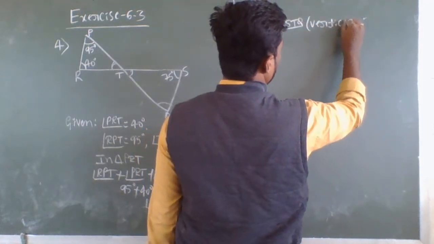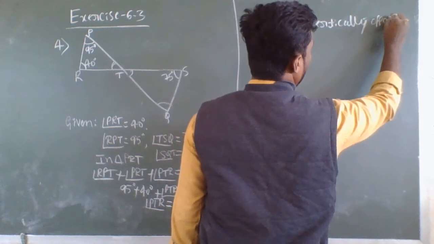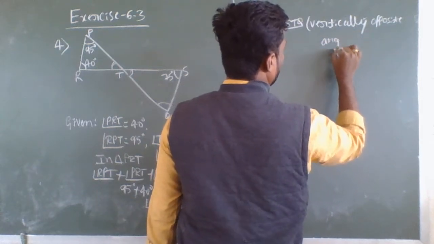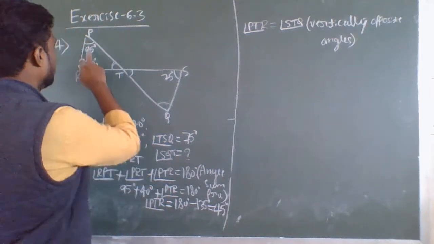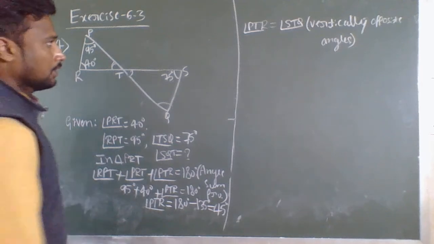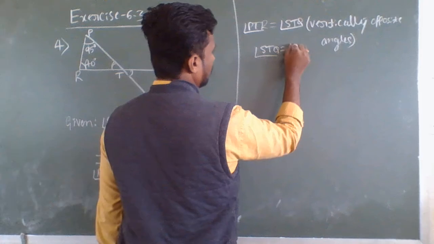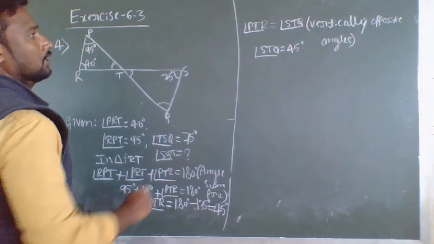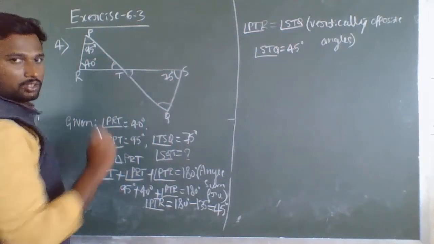Always, vertically opposite angles are equal to each other. Angle PTR we just calculated is 45 degree, and PTR is equal to STQ, therefore this angle STQ is 45 degree.